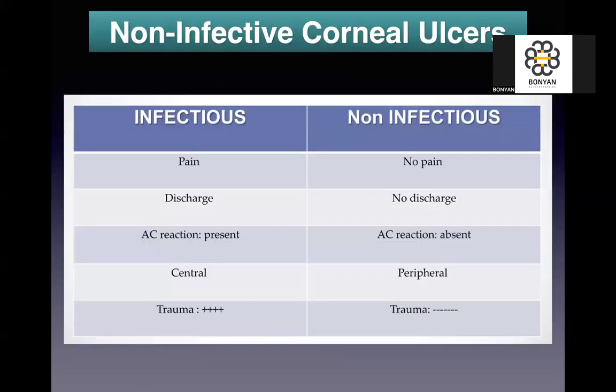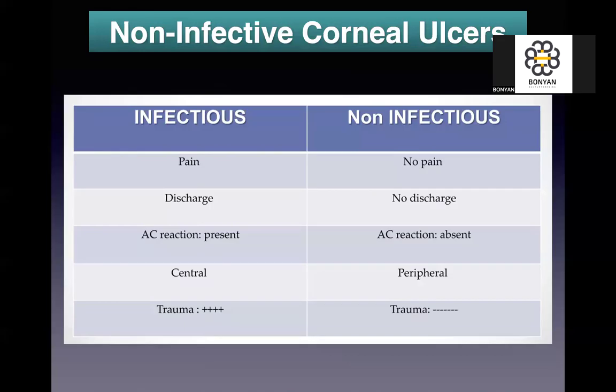Non-infective ulcer, the difference between infectious and non-infectious: the first is pain. Pain is severe in the infectious and there is no pain or very minimal pain in the non-infectious, especially at the start.